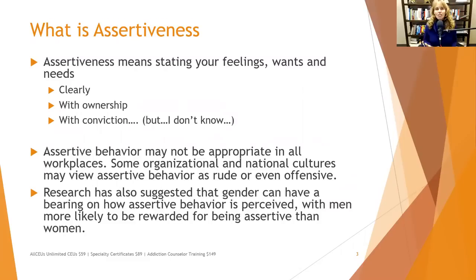When I start these groups with people, we talk about what is assertiveness, and a lot of people know the term passive aggressive, but other than that, it's just kind of a term, and they know it when they see it, but they have a hard time defining it. So we start defining these terms so people can start categorizing and saying that's assertive, that's aggressive, that's passive aggressive.